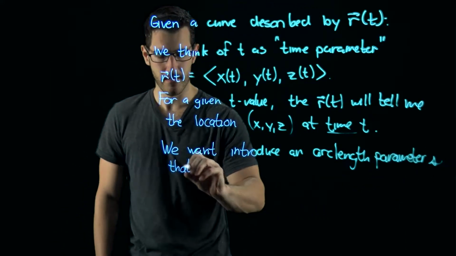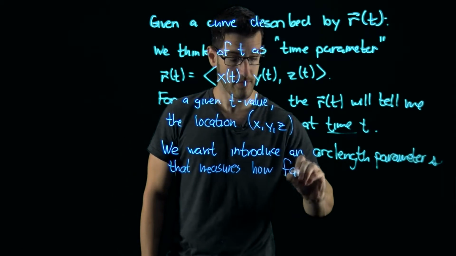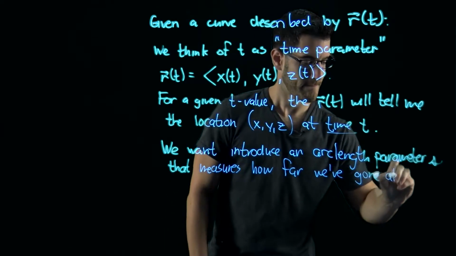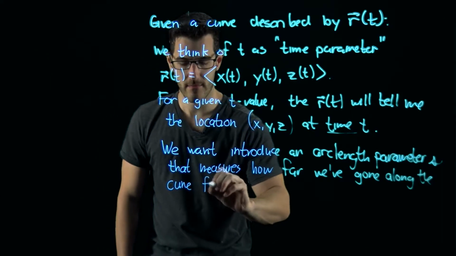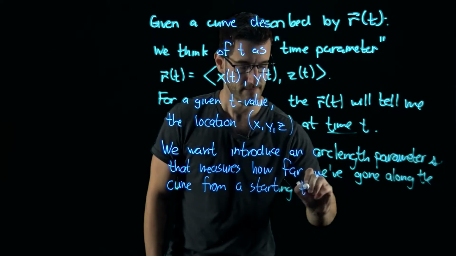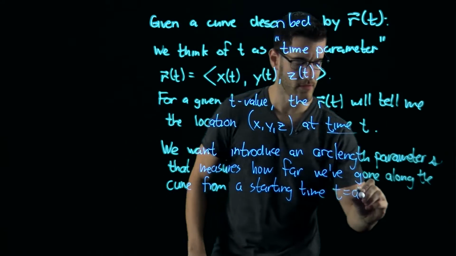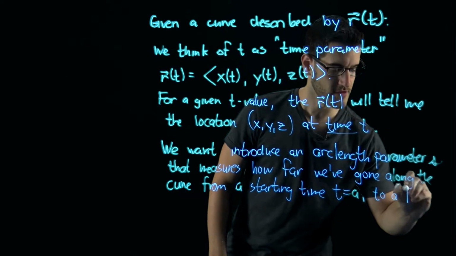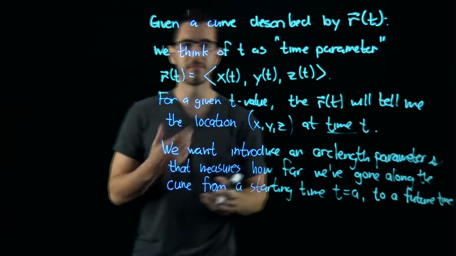That measures how far we've gone along the curve from some starting time t is equal to a. Normally we let that be 0, but we won't do that yet, to a future time. And s is going to be that distance.